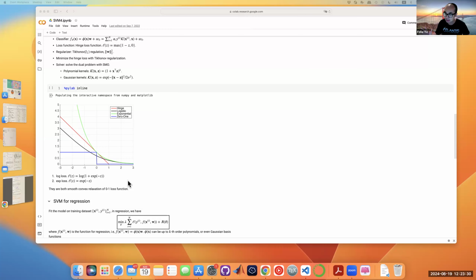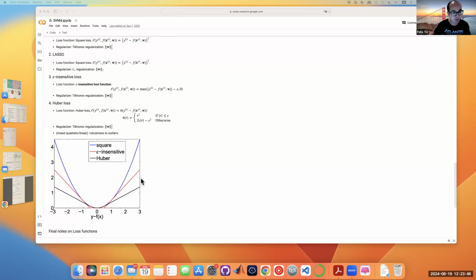Okay, so let me rephrase it. The logistic loss and exponential loss are both smooth convex relaxations, but hinge loss is just a convex relaxation. It's not smooth.